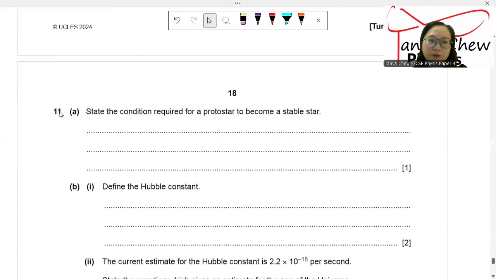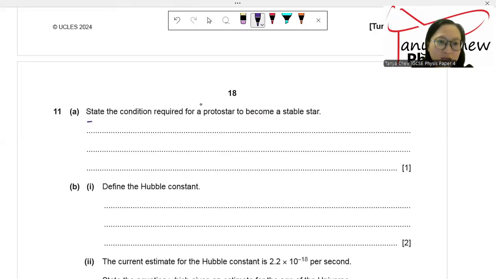Now, the next one, question number 11, state the condition required for a protostar to become a stable star. If you want a protostar to become a stable star, that means the resultant force, the inward force, which is due to the gravity, gravity is an attractive force pulling the star inwards, must be balanced by the outward force. Outward force is the energy, the pressure due to the fission process that occurs.